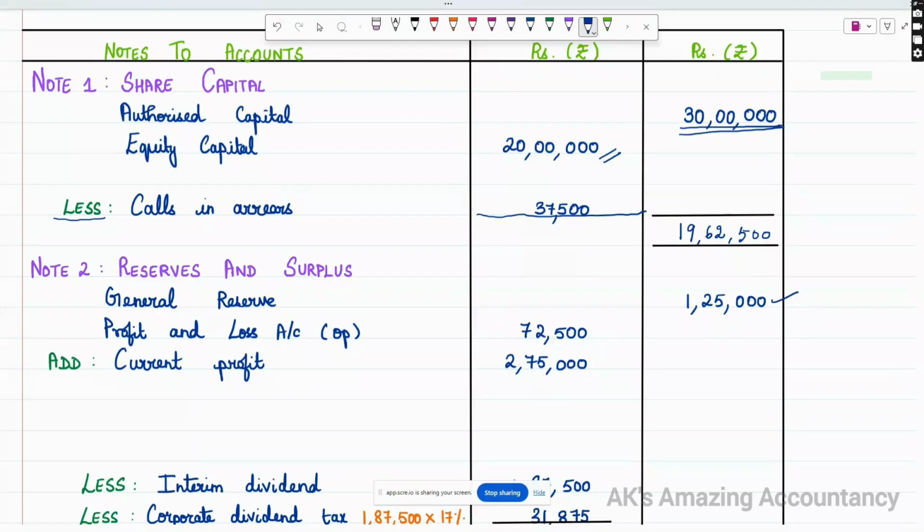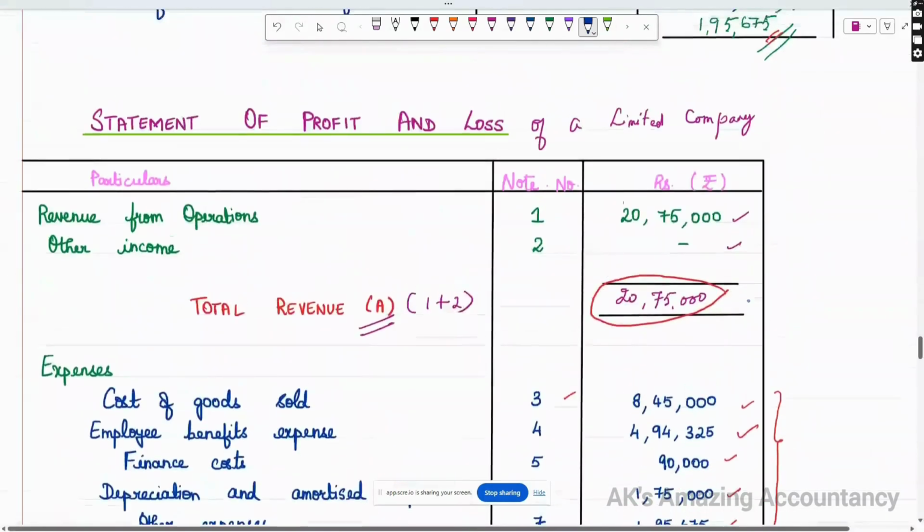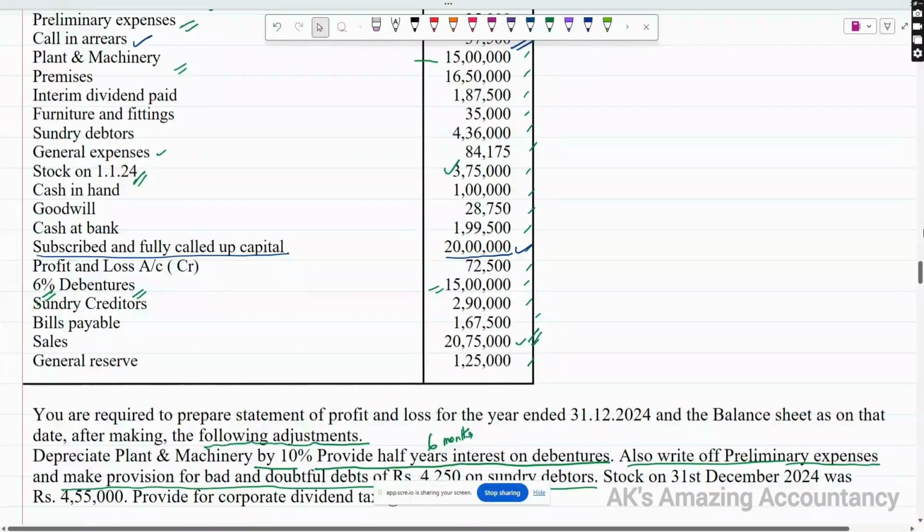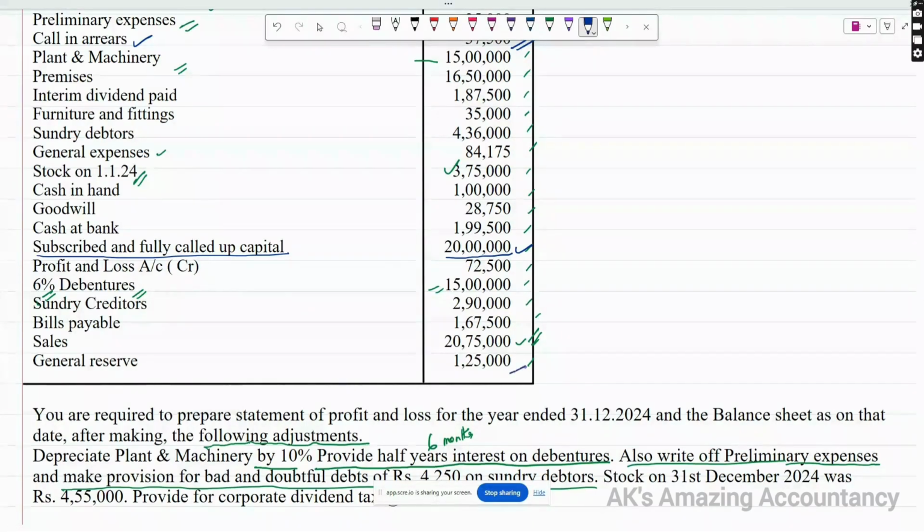So let us have a look at the problem again. So in the problem, you are given general reserve, isn't it? So where do we have general reserve? Just have a look at the problem. So we have already entered the general reserve. Where is it given? It is given as the last item in the problem. This 1,25,000 we have already shown under note 2.